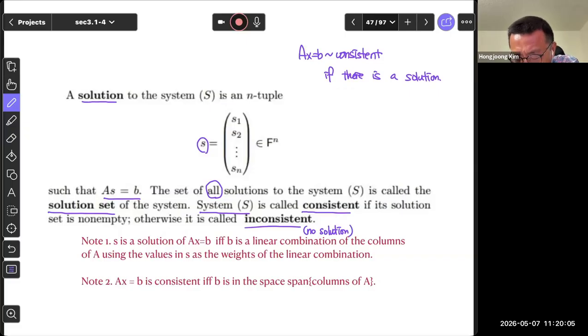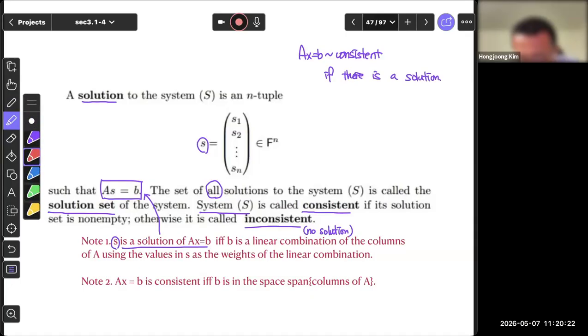Now, we say s is a solution of Ax equals b if A times s equals b. But what is the meaning of A times s? A times s will be a linear combination of the columns of the A matrix using the entries of s as the coefficients, right?